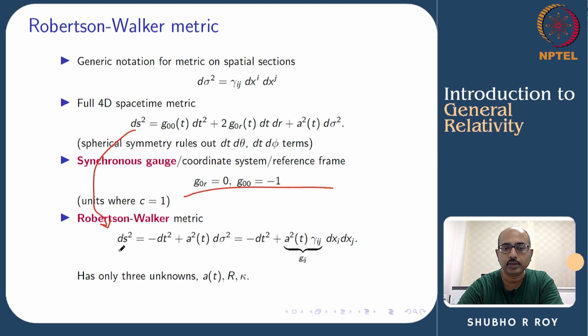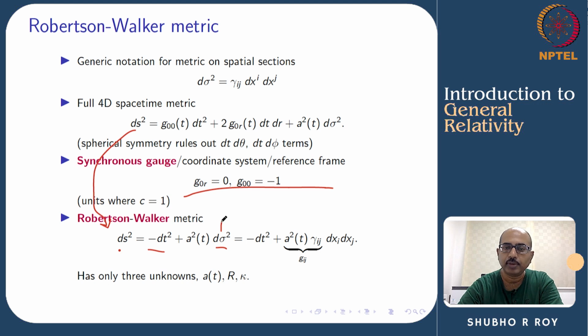So as you can see, ds squared is minus dt squared now, and this term is gone, and we just have a of t squared times the spatial section metric, which is completely determined. This form of the metric, as I mentioned, is called the Robertson-Walker metric, and they independently arrived at it sometime in the mid-1930s, purely on the basis of isotropy and homogeneity.